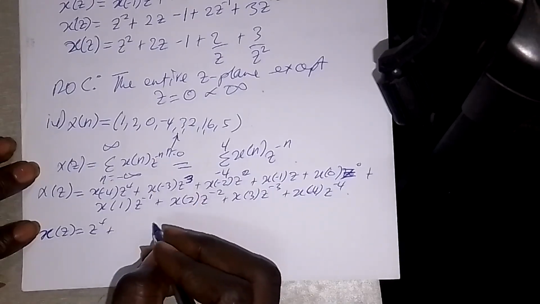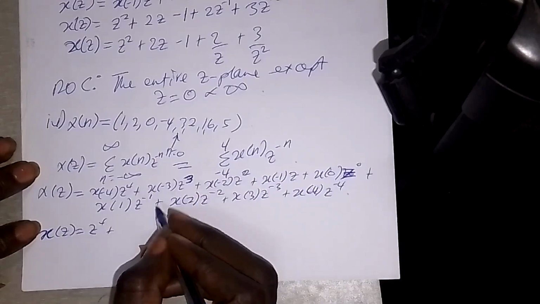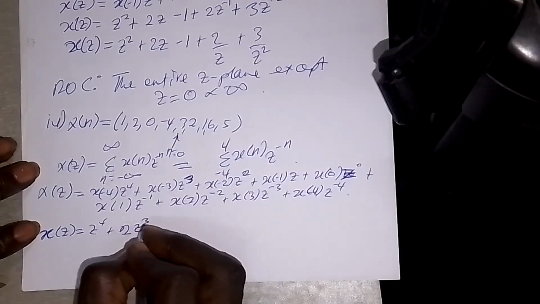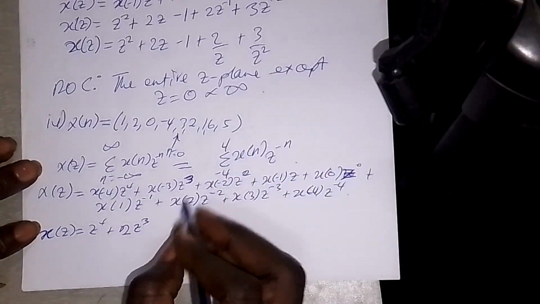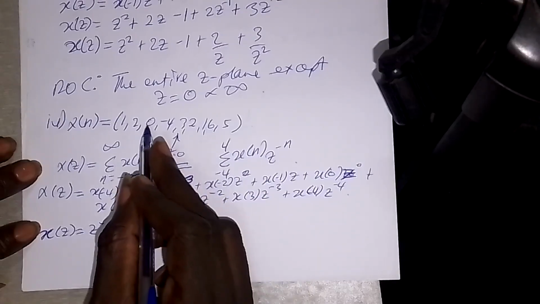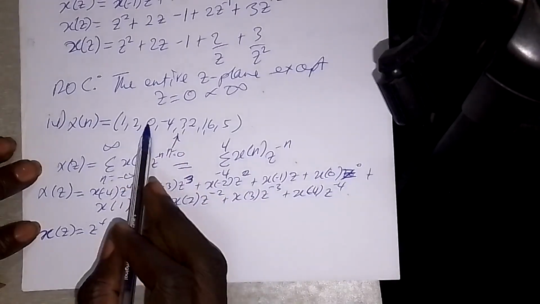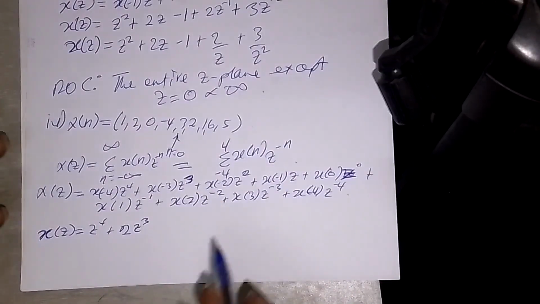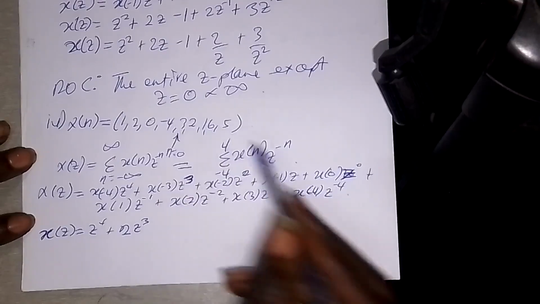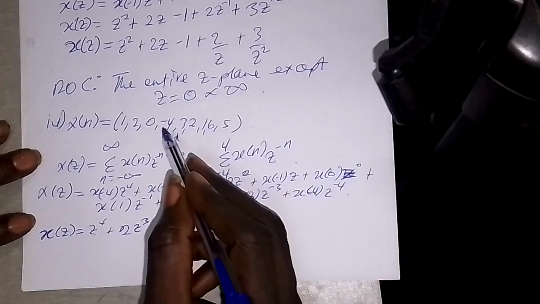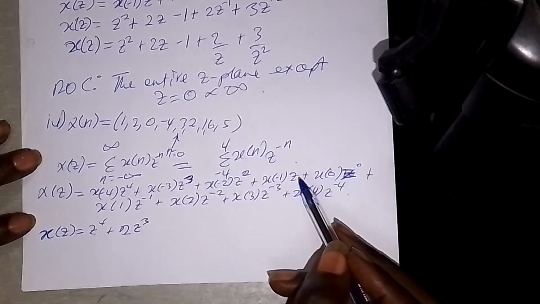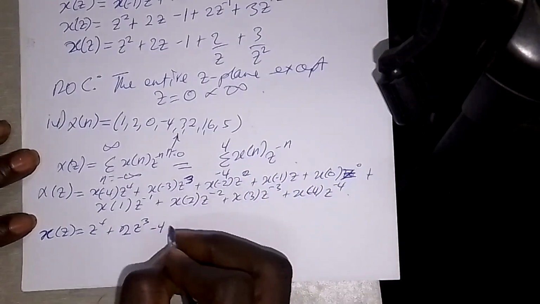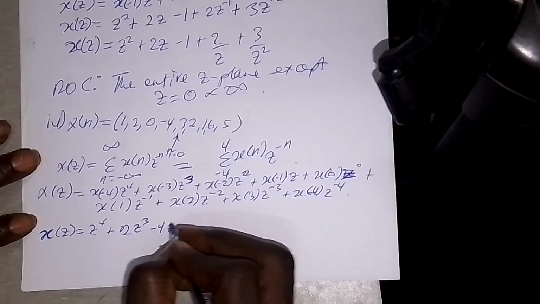Plus x of minus 3 is 2, so 2z exponent 3. Then x of minus 2 is 0, so we will not write the 0. Then x of minus 1 is minus 4, so I'll have minus 4 into z exponent 1.